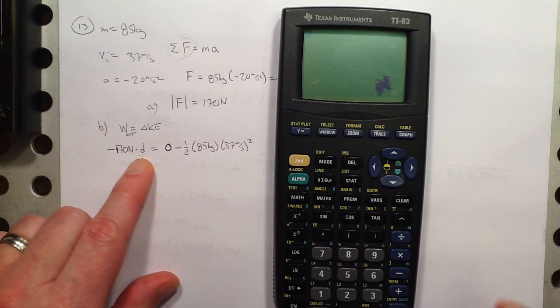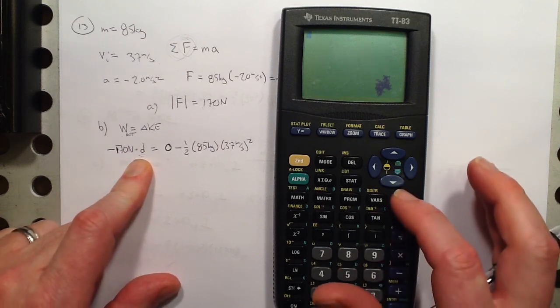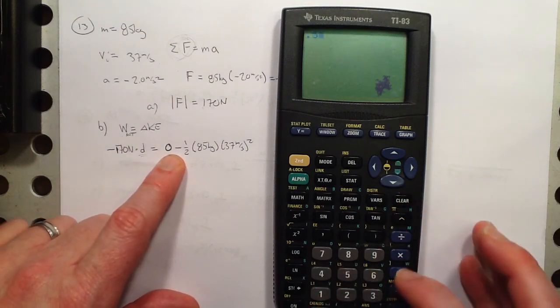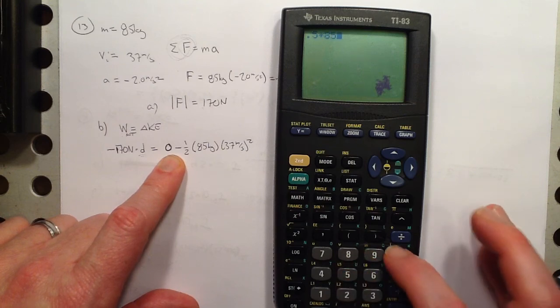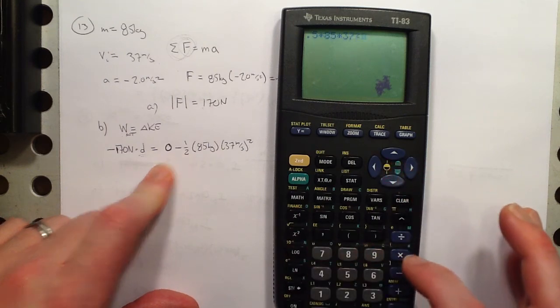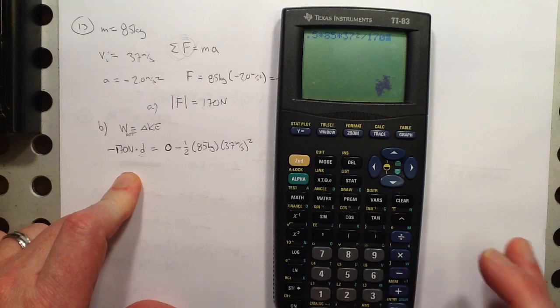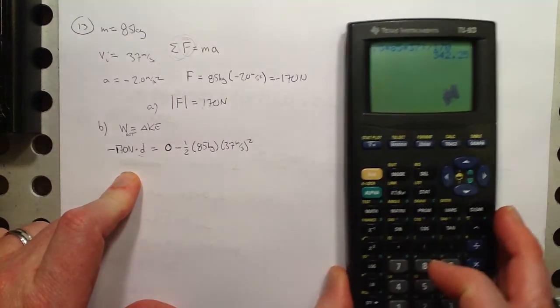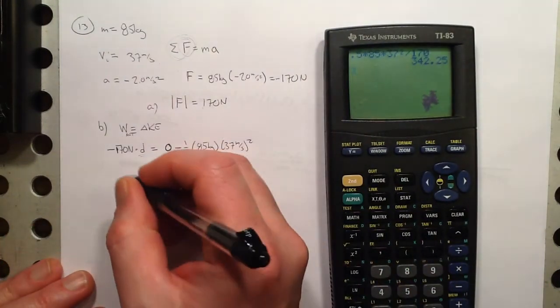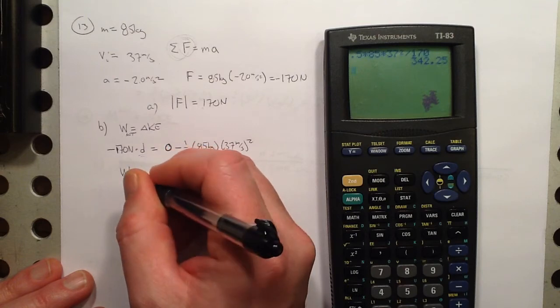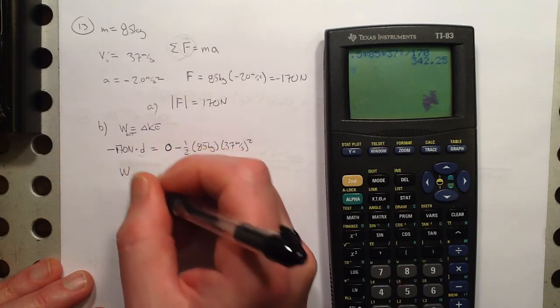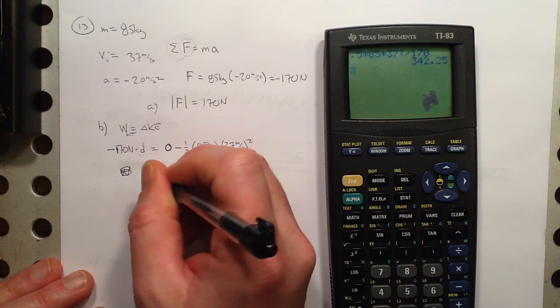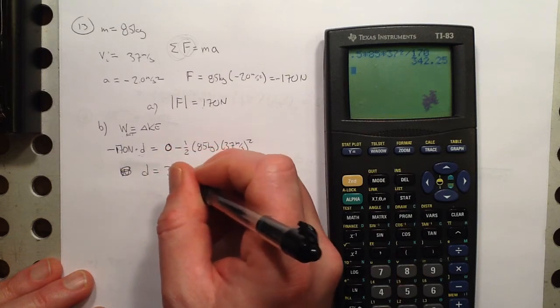All right, so it looks like the distance would be equal to 1/2 times 85 times 37 squared divided by 170. So the distance is 342 meters.